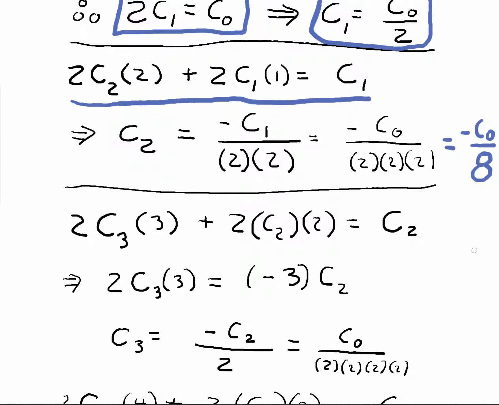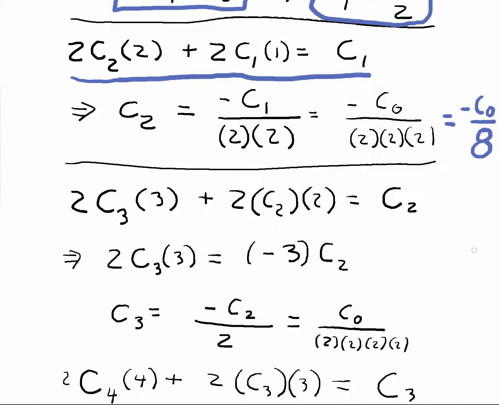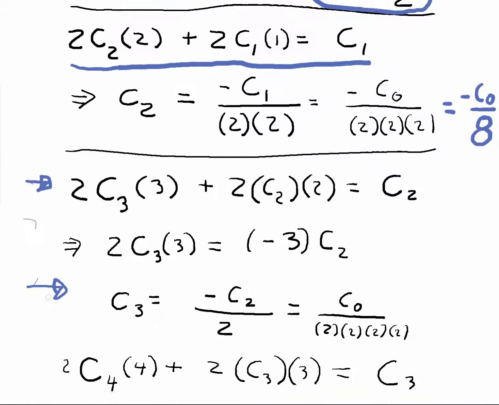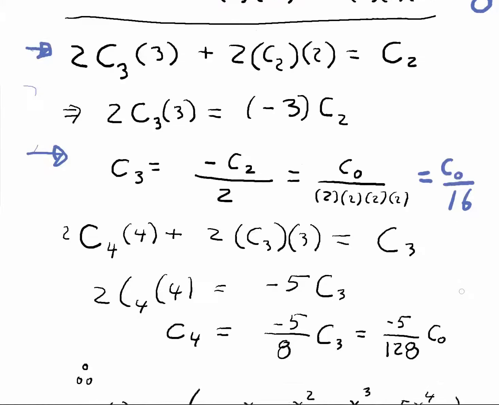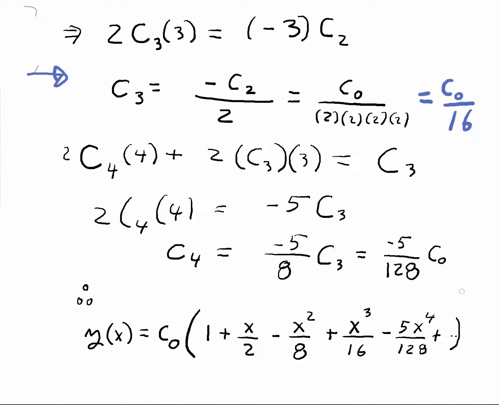So let's see what else is going on here. Moving on, I'm experimenting a little bit here with c3, and I arrive at this formula: c3 is c0 divided by 16. I do the same thing for c4.